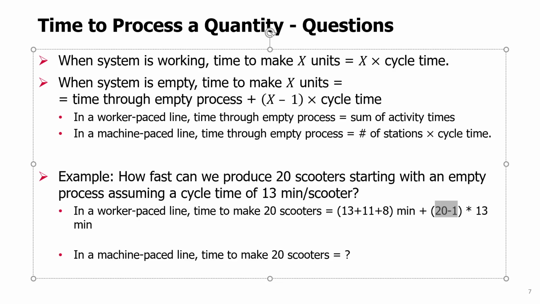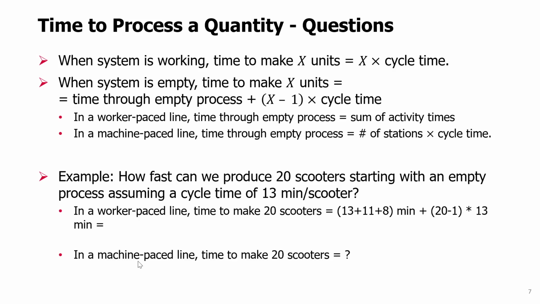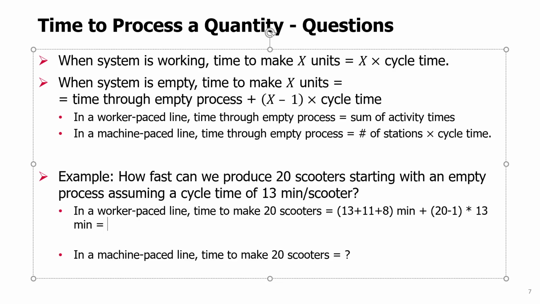And remember, this is assuming the cycle time is 13 minutes per scooter, since we're trying to make it as quickly as possible. So this calculation will be 32 minutes plus 247. That gives us 279 minutes.